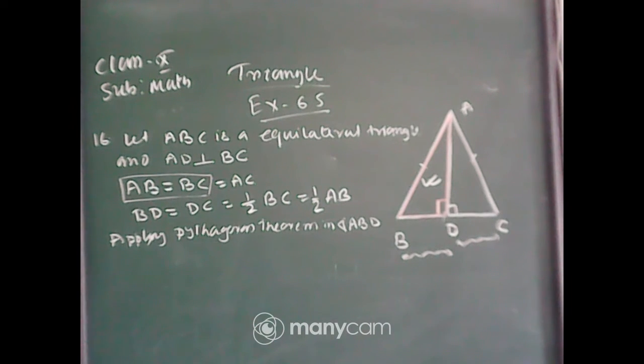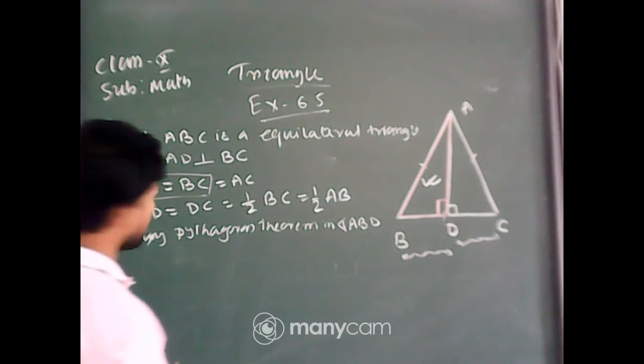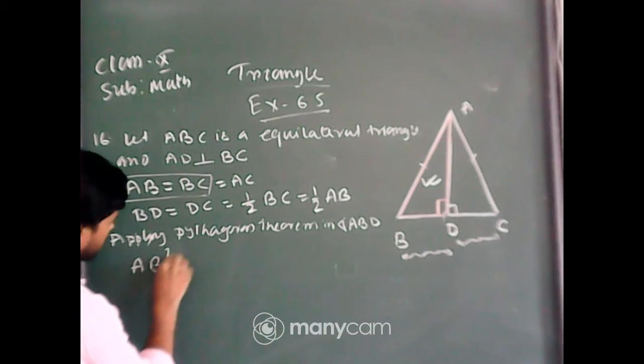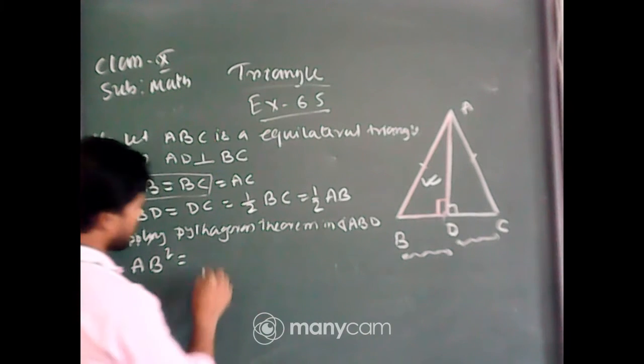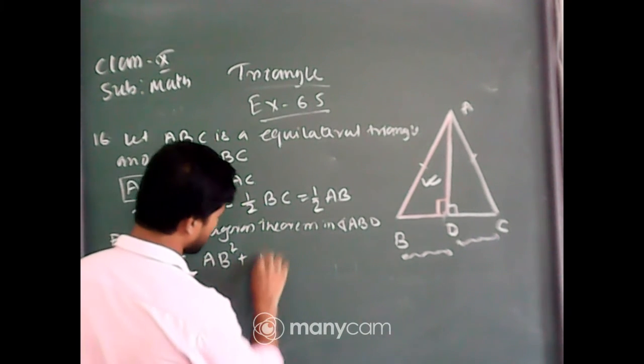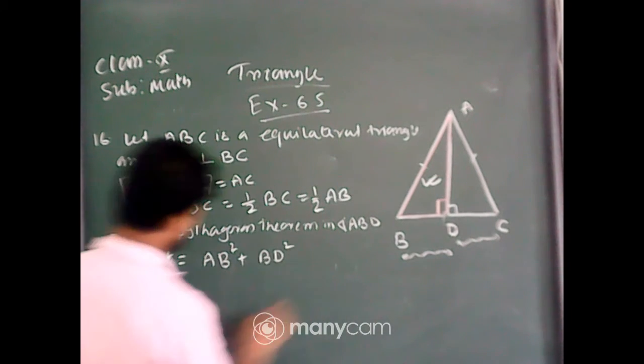Tell me, I'm waiting for the answer. Yes, AB square equal to AD square plus BD square. Very good. So we have hypotenuse AB square is equal to perpendicular AD square plus base BD whole square.